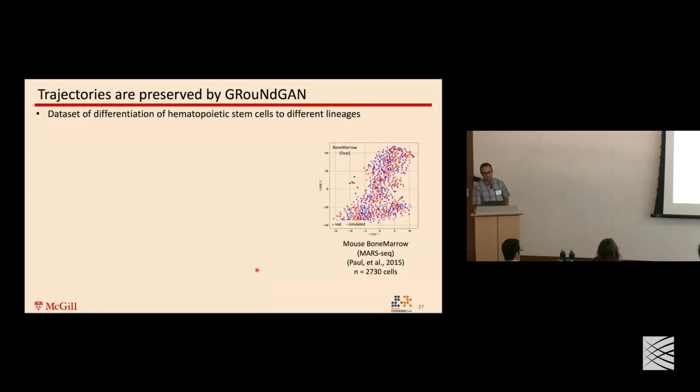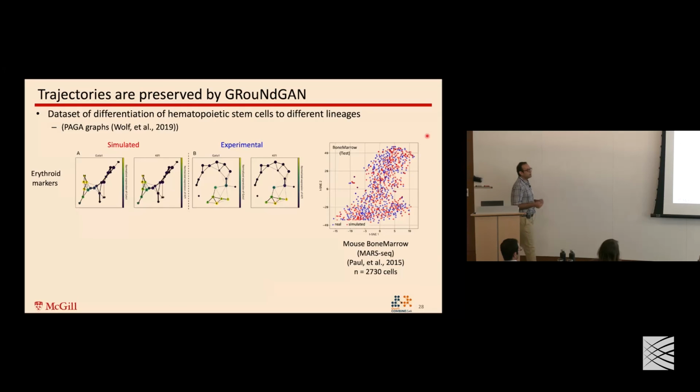To test that, we applied our model to data corresponding to mouse bone marrow, differentiating into different lineages, and then used PAGA, which is a trajectory inference method, on both the simulated data and also experimental data, to find the trajectories that are present in the test data set.